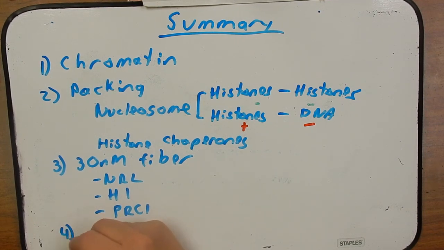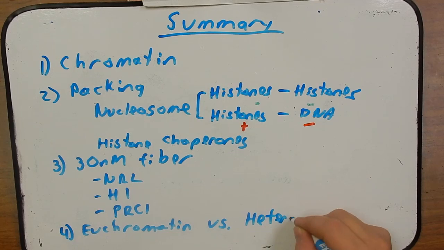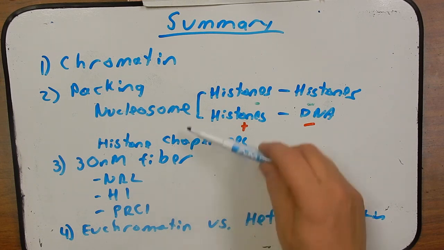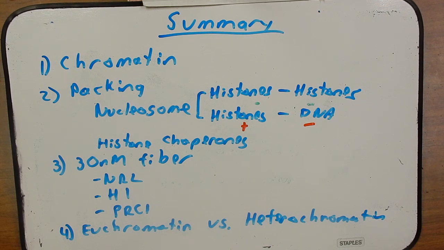And then we closed by talking once again about euchromatin and heterochromatin. But this time we introduced some new terms: facultative heterochromatin and constitutive heterochromatin. And I ended with talking about how we're going to move on to the next chapters. How it's important to know how to unpackage this chromatin so we have access to specific genes. And then how to make sure we package them back up so that we can hide other genes so they can't be expressed.